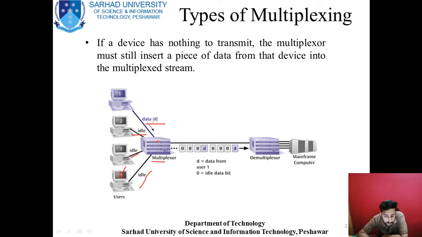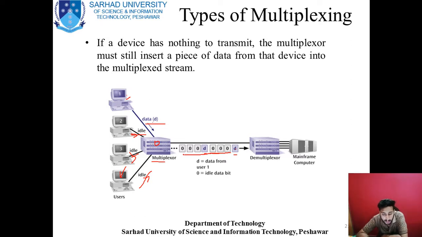The multiplexer will not take data from D, because it's the time for another user to send data. But the other user is idle or switched off, so it is an injustice to this user. You can see that in the first time slot, user 1 has sent the data, and all the other three time slots are sent empty while D was waiting for his turn. So there was not an efficient allocation of resources among the users.